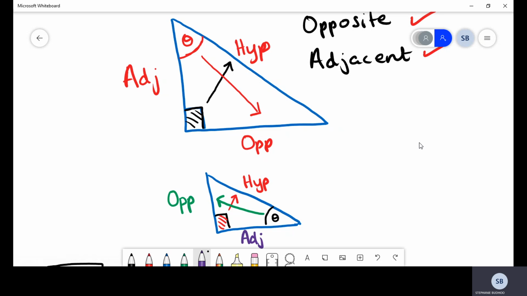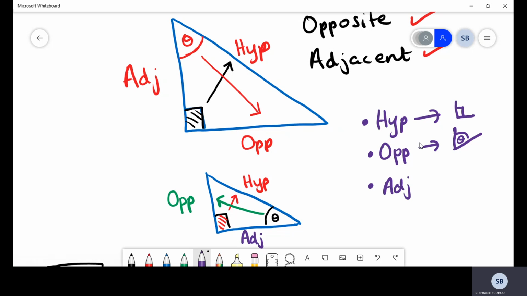So some points to note: you can always find your hypotenuse located opposite your right angle. You can find your opposite side located opposite your value for theta. And then finally, your adjacent can be found by default.